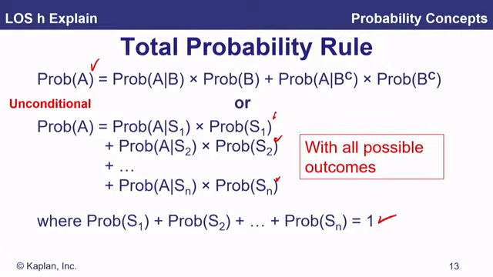So that's 100%. The sum of those probabilities equals 1, and so they cover everything. And the other thing is they're mutually exclusive, right? The S1 and S2, no overlap. It's either or, just as we started out with B and not B. Mutually exclusive and cover 100% of the possible outcomes.